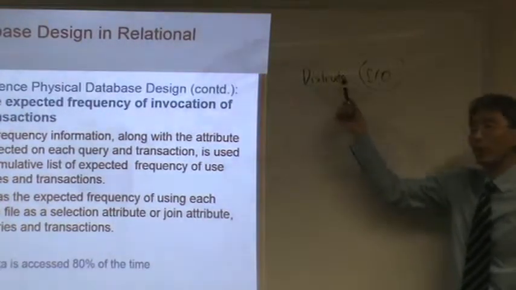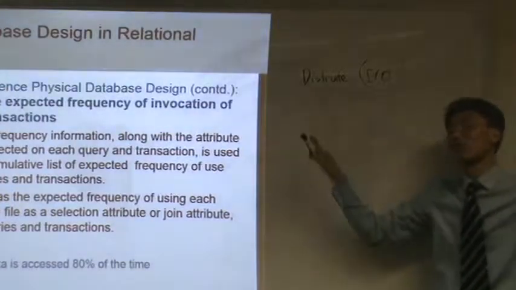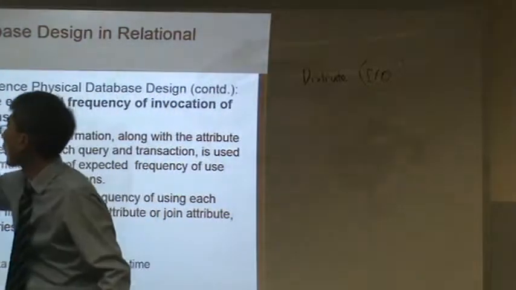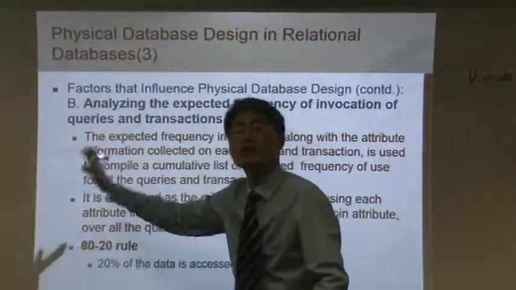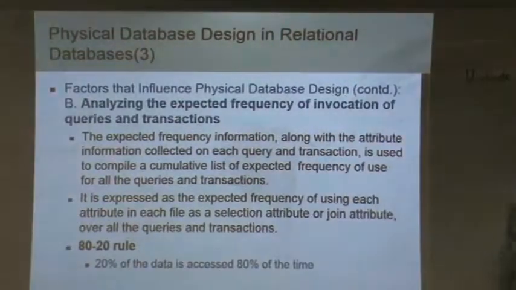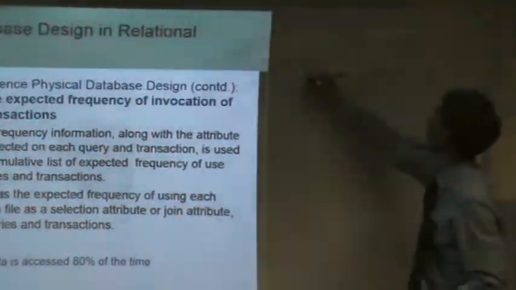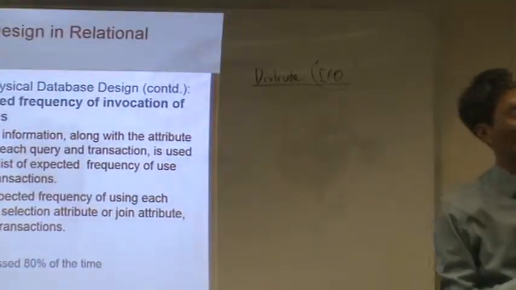So our goal is to distribute such I/O as much as possible. And we can. So after analyzing the queries or operations in your database system, your goal is to distribute the I/O. Then how can you distribute the I/O?